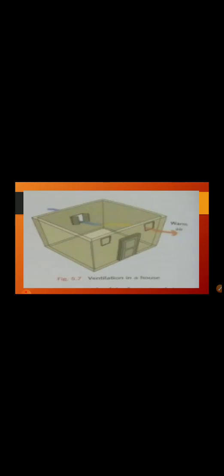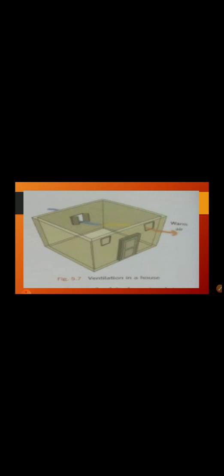Students, the fresh air is essential for our good health. So there must be some arrangement for ventilation in our room so that we can get fresh air. Due to ventilation in a room, hot impure air of the room is replaced by the cool fresh air.